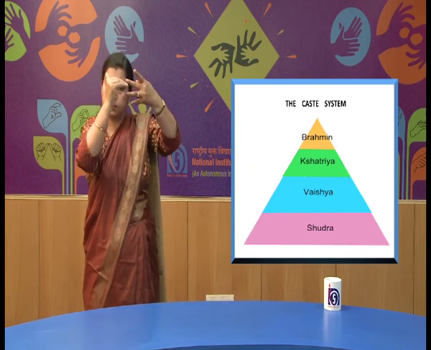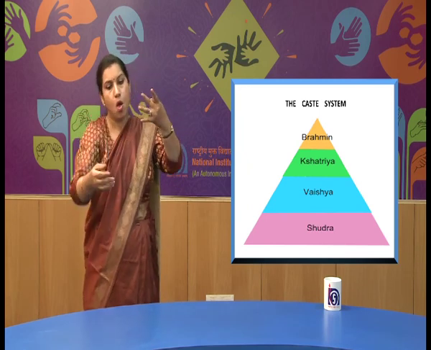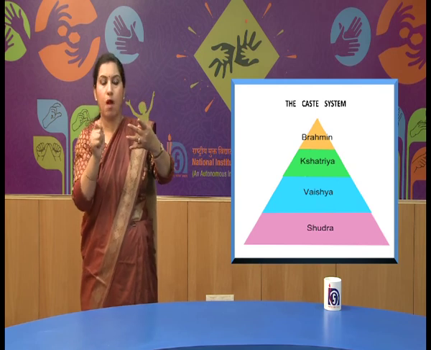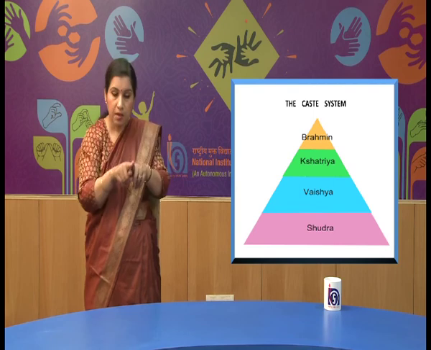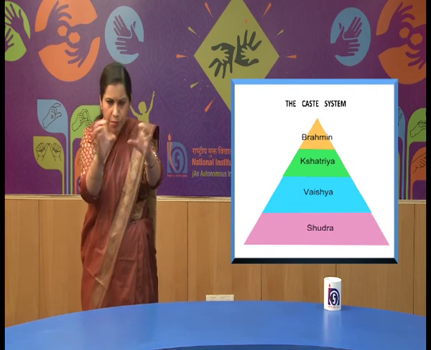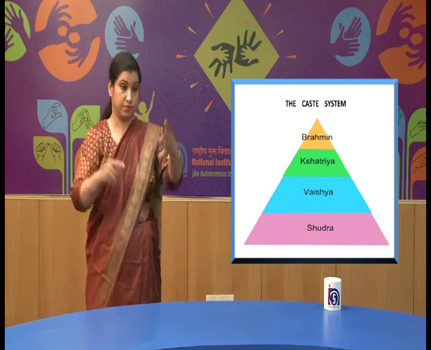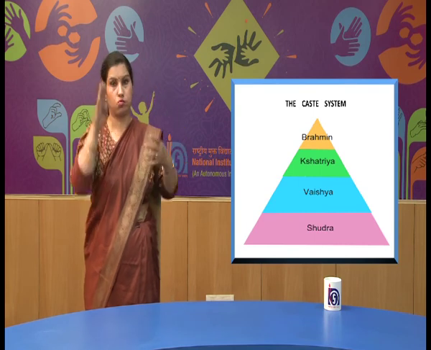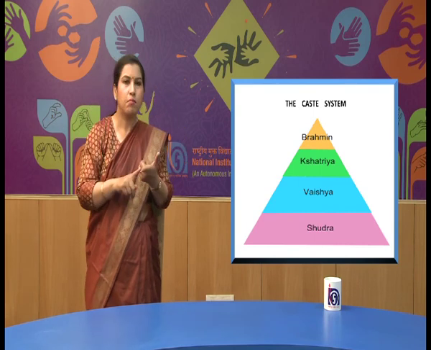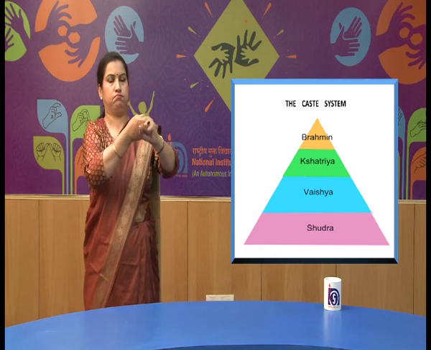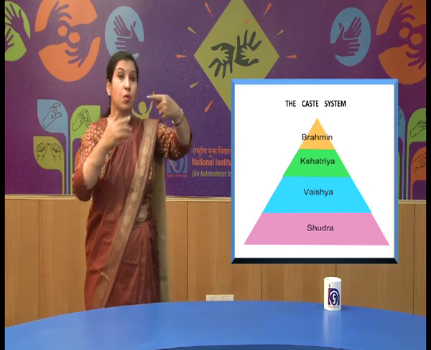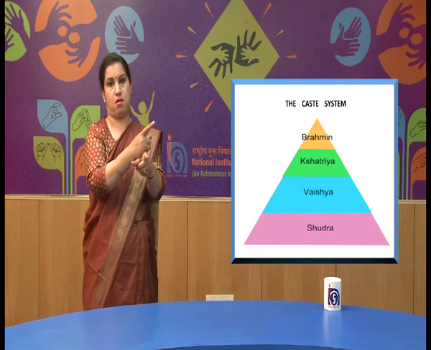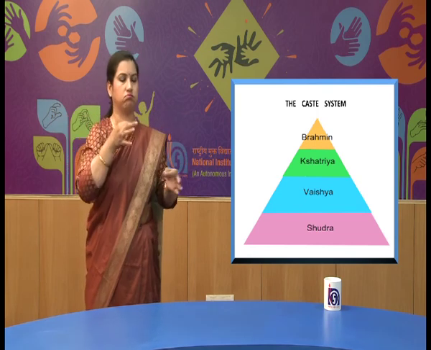According to this system, people were divided on the basis of work that they did. For example, the Kshatriya were meant to be king and fighters, and Brahmins were to be teachers and preachers.